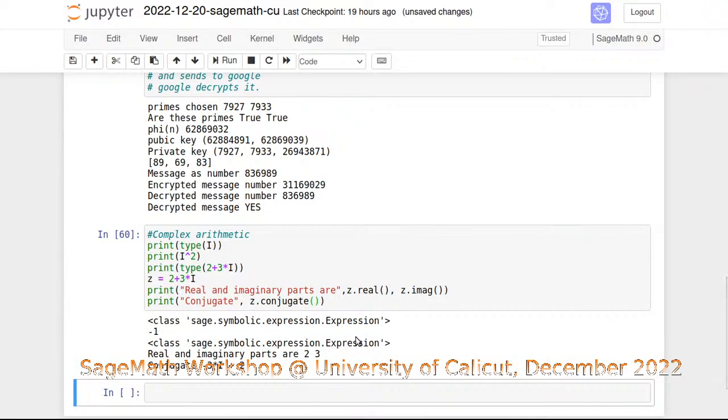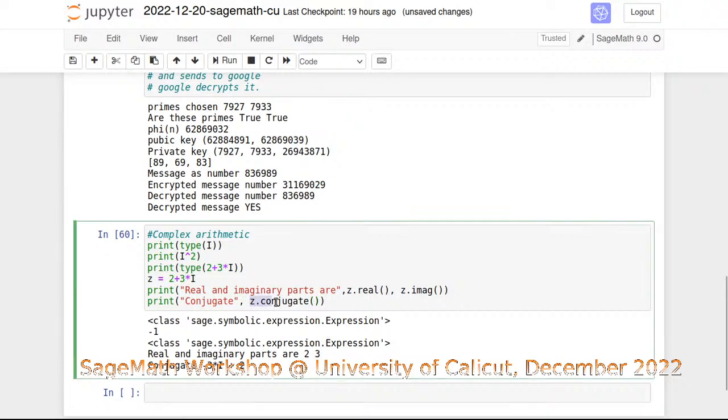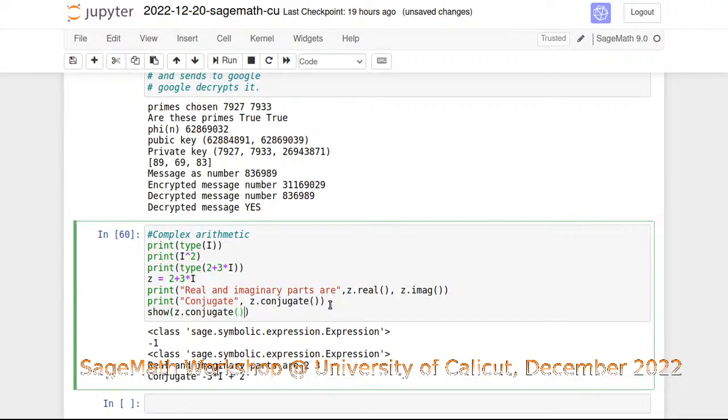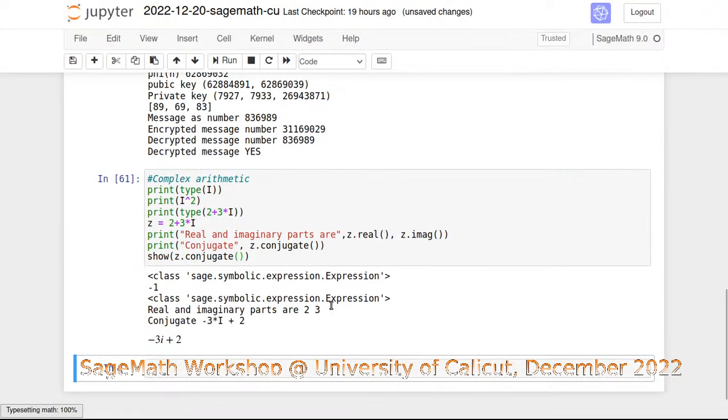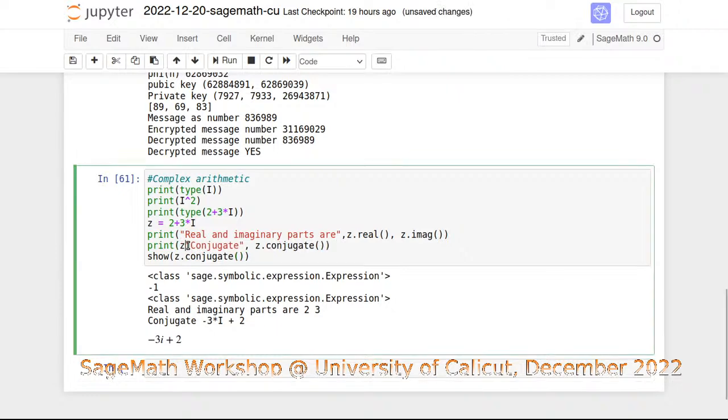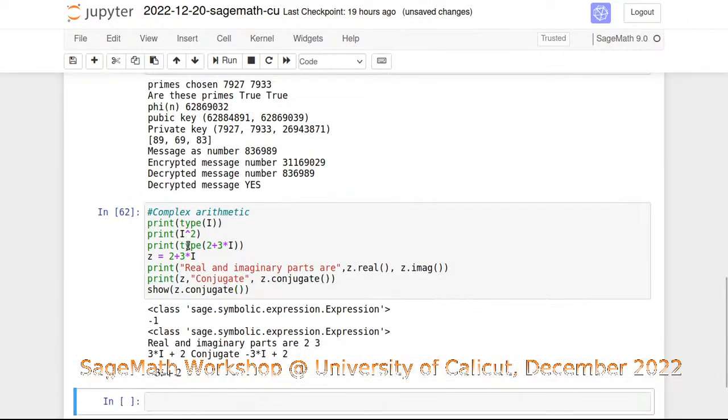It says that the representation is minus 3i plus 2, but of course if you use the show command, you will probably still get minus 3i plus 2. That's the internal representation, it seems. So z is also represented as 3 star I plus 2.